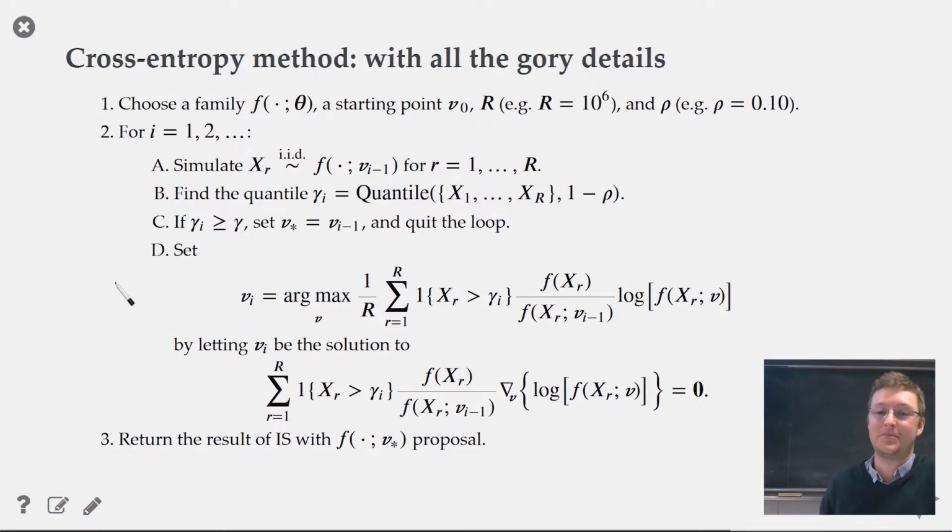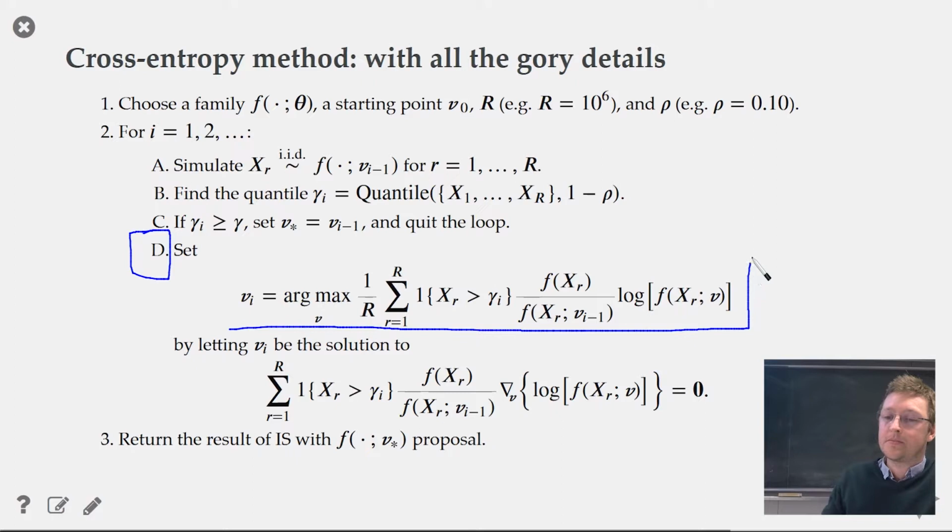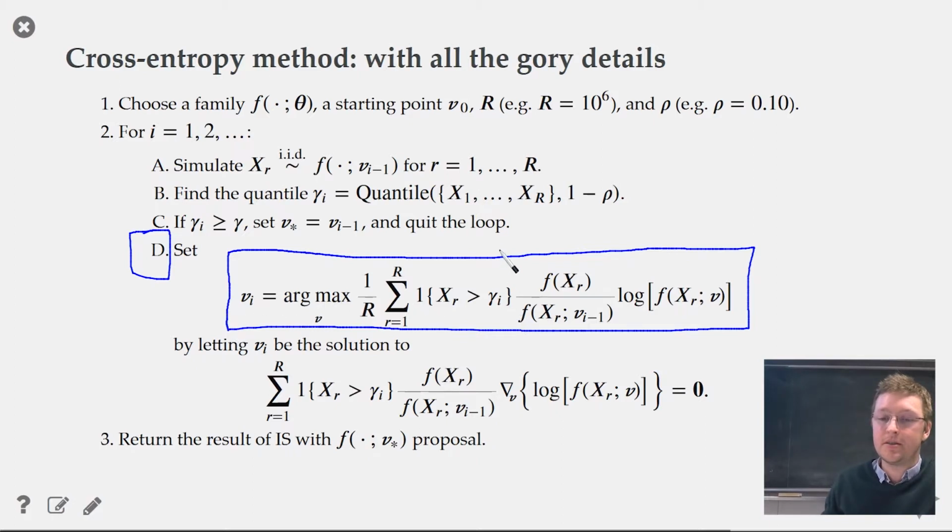Round 3. All of these details are the same, except I've written out exactly what this means for the weighted maximum likelihood step. At this point, you've got one proposal density from your previous iteration. You've figured out which are the elite samples, and you want to choose the v which maximizes this function.